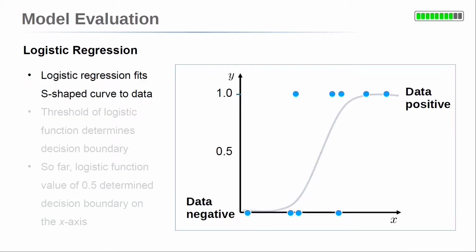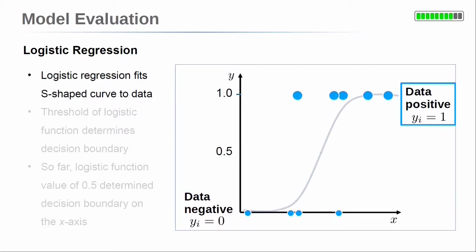Let's reconsider the logistic regression model with another example. The 2 classes, negative and positive, are encoded by a single target variable y. For y equal to 0, we have the negative class. So negative data samples are displayed on the x-axis. For y equal to 1, we have the positive class.